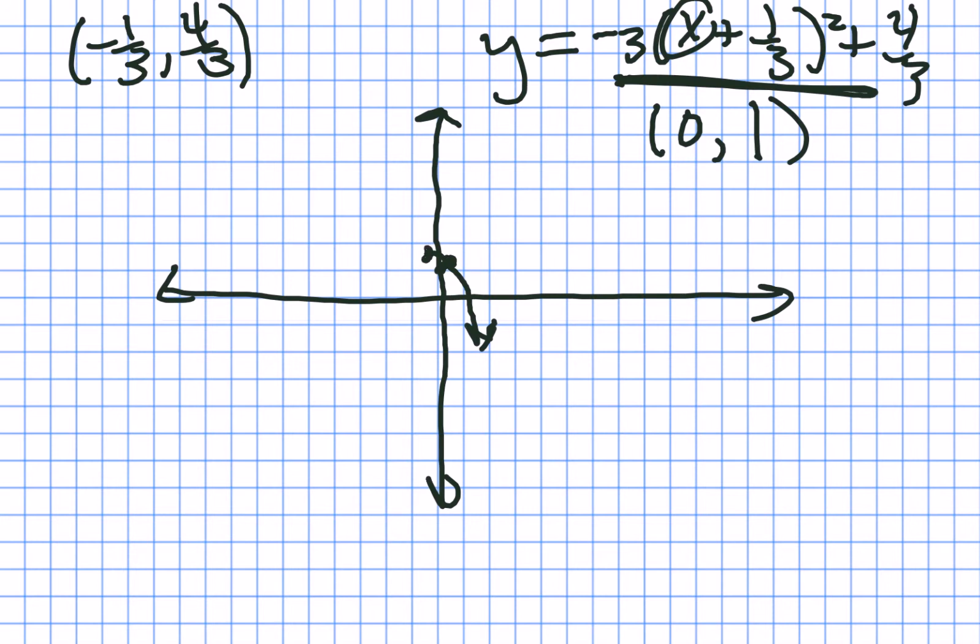And then knowing it's symmetric, if this is 0, 1, then I also know it's going to have another point that's 1/3 away. And so there's a rough sketch of what our parabola would look like.